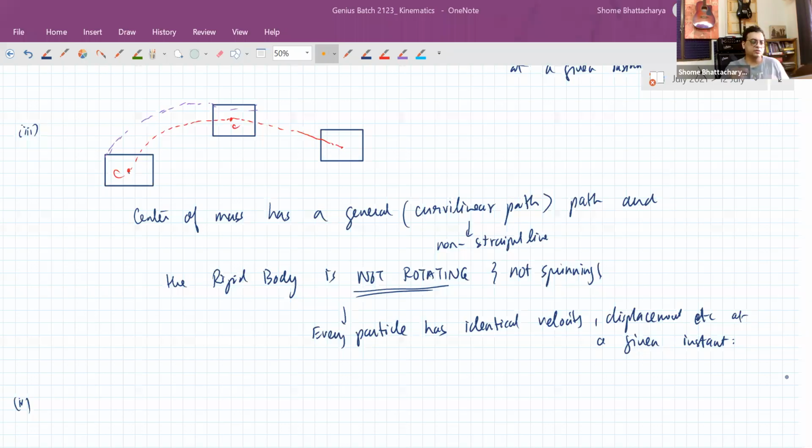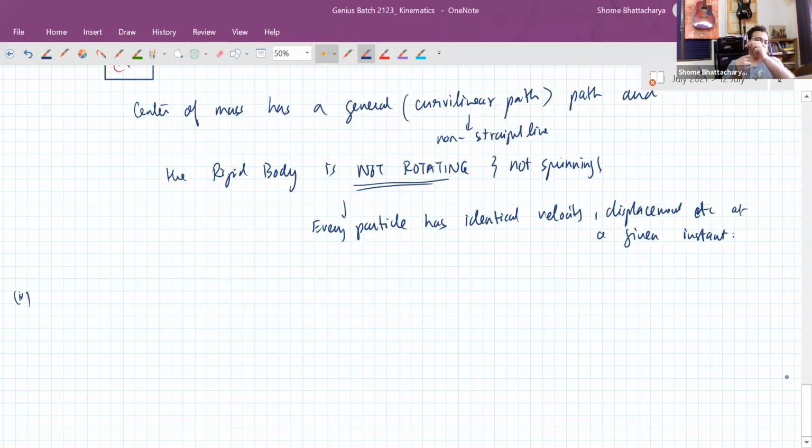So you can see that the path of the particles other than the center of mass has become more complex because they are describing circular motion about the center of mass. And while they are describing circular motion about the center of mass, the whole center of mass itself is moving like this. Okay. So what has happened here in this case is that the body is in a combination of two types of motion. One is that the whole rigid body is at any instant rotating about its center of mass axis, about an axis passing through the center of mass.